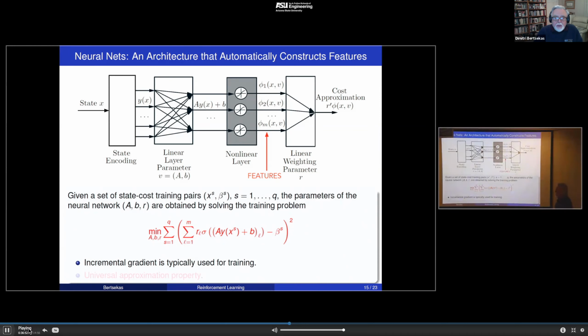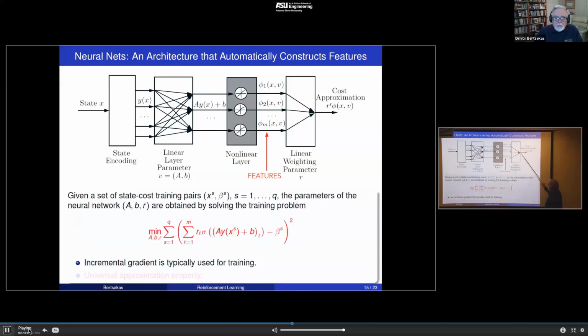And how do we train this? Well, we train them in the way we discussed. We form training pairs of sample states and sample target costs, beta, and we put all of this together into a nonlinear regression. This is the sum of squared errors.